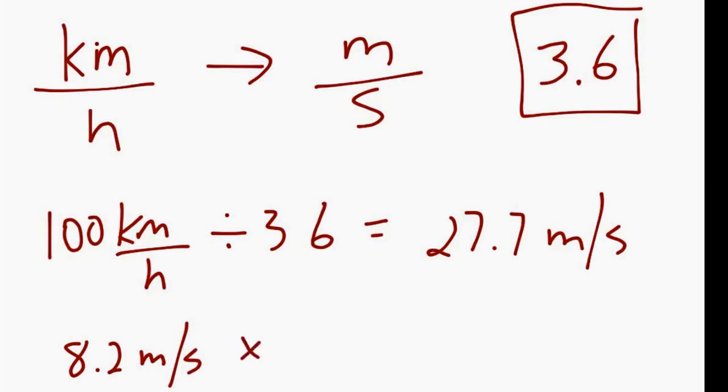All we have to do is multiply by 3.6, and that'll help us convert it to kilometers per hour. So 8.2 times 3.6 is 29.5. We'll round that off to 2 digits because that's what I had my significant digits being. So in 2 digits that would be 30 kilometers per hour.